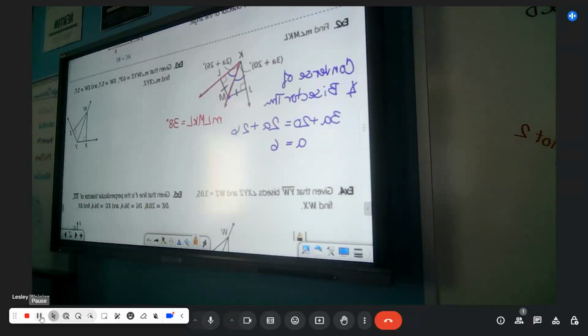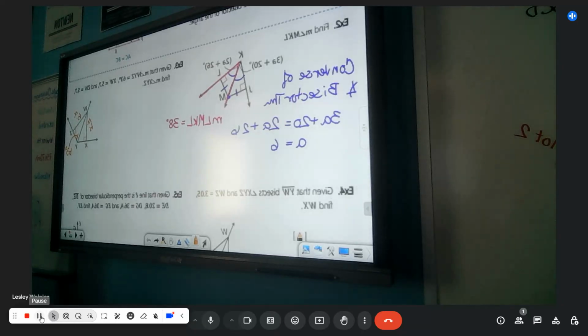Given that the measure of angle WYZ is 63, XW is 5.7, and ZW is 5.7.